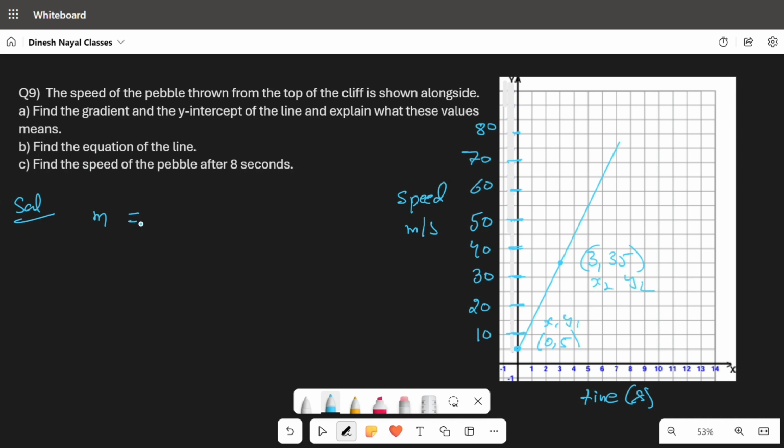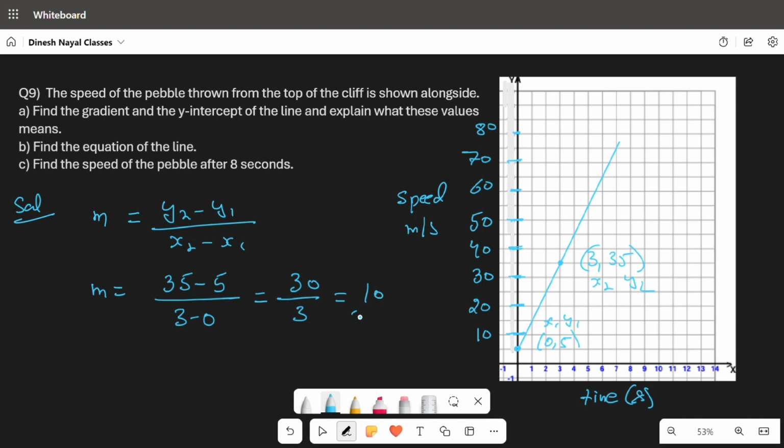So m will be y2 minus y1 upon x2 minus x1. Substituting the values, y2 is 35, 35 minus 5, and x2 is 3 minus 0. 35 minus 5 is 30, and this is 3, so m comes out to be 10.